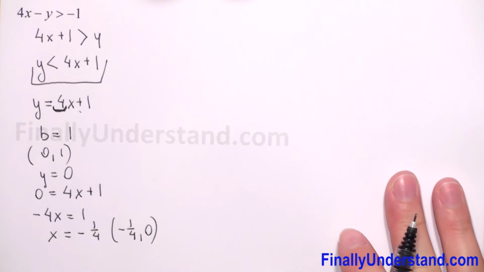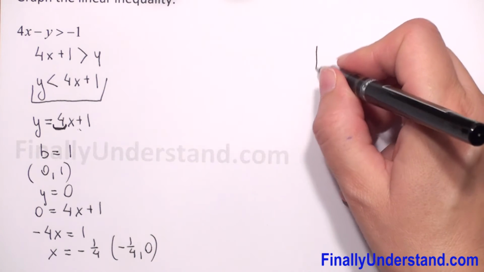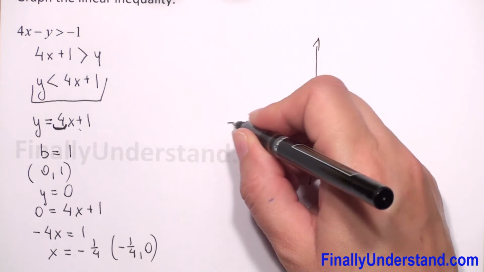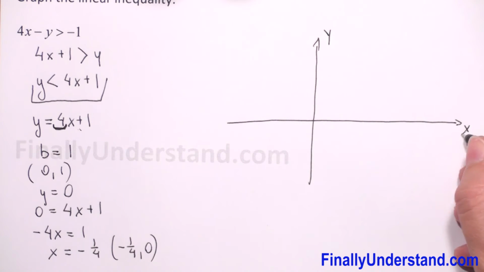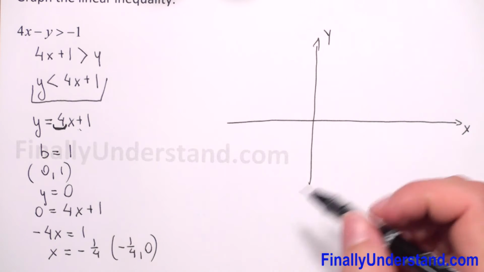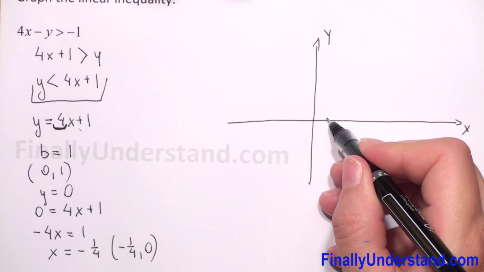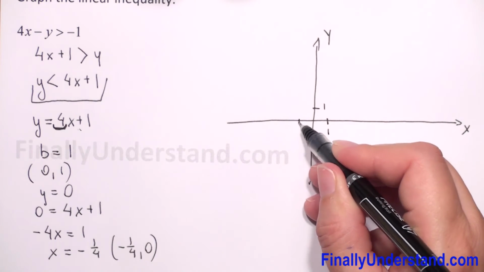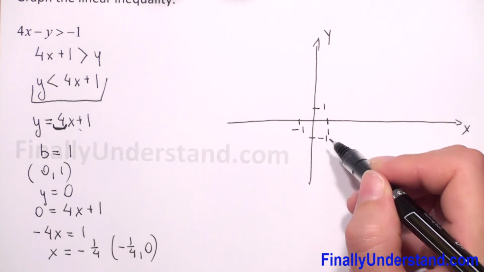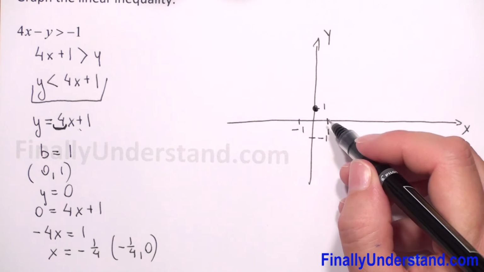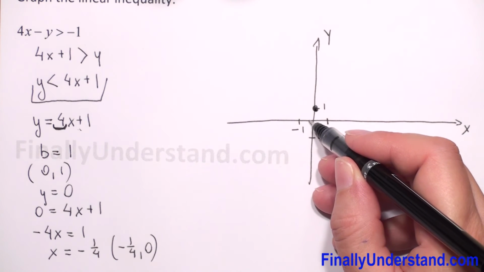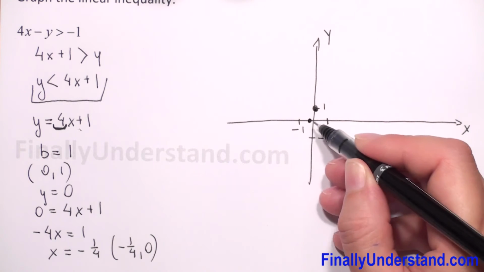Now we will draw the xy plane. First we have to choose the unit. We have the points (0, 1) and (-1/4, 0). It's approximately here.